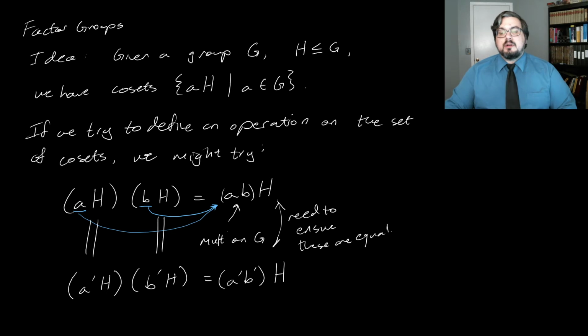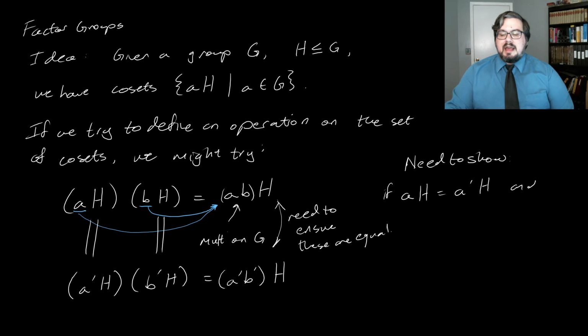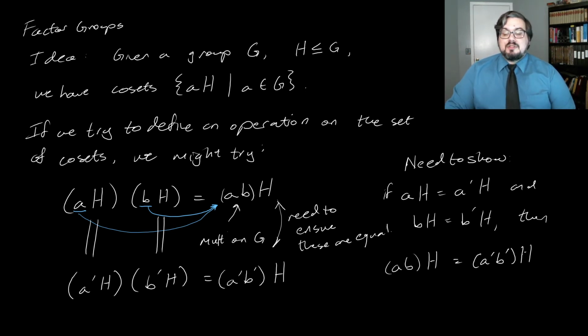We need to show that if AH equals A prime H and BH equals B prime H, then ABH, the thing that we would want to define the product of the two things on the left to be, needs to be the same as A prime B prime H, the thing that we want to define the product of the two things on the right to be.